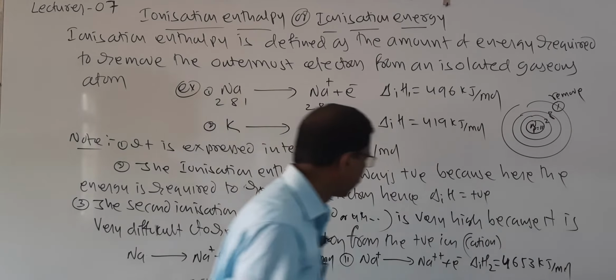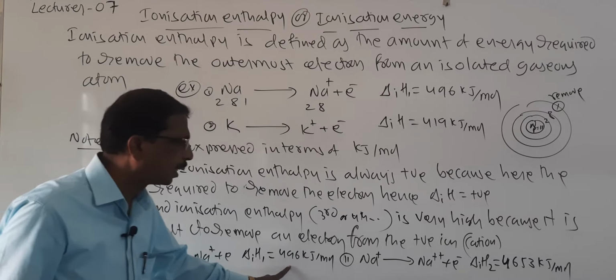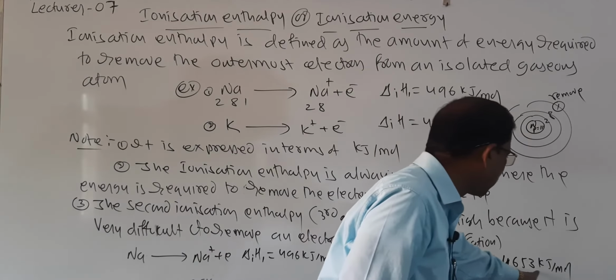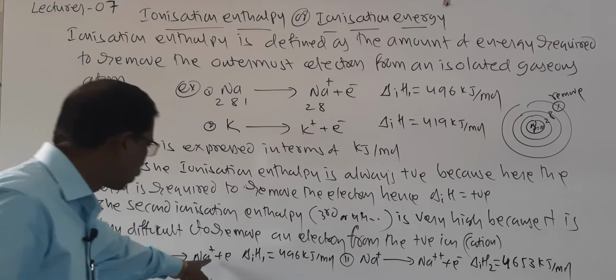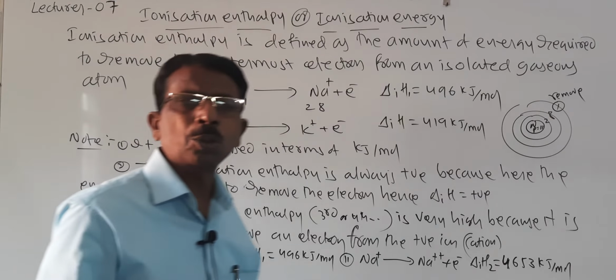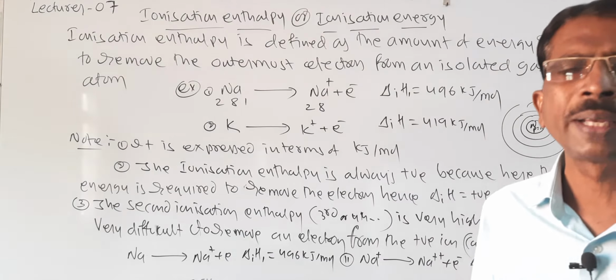Look here students, here it is 496 and here it is 4653. It is very difficult to remove an electron from a cation or positive ion.